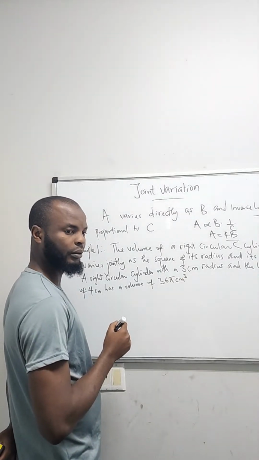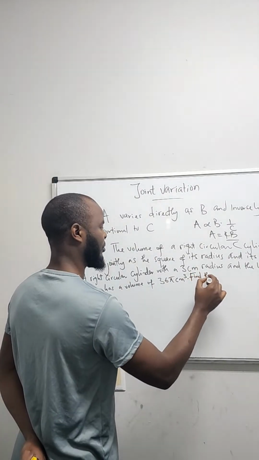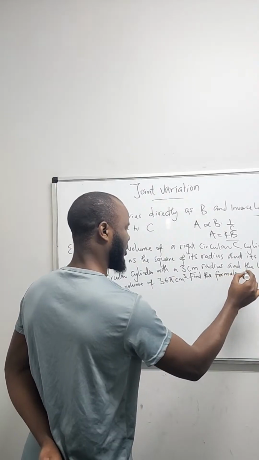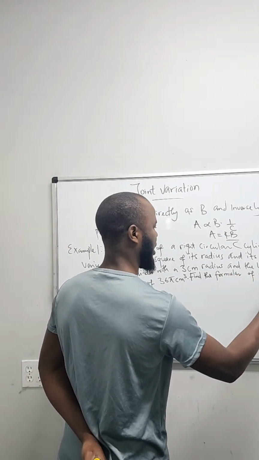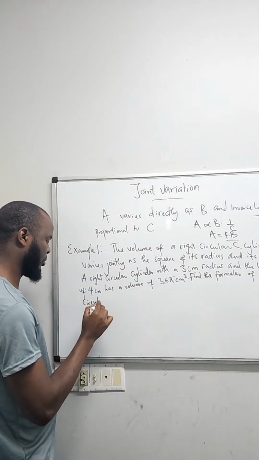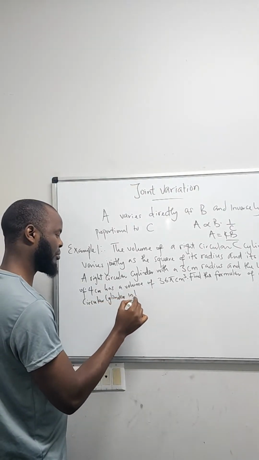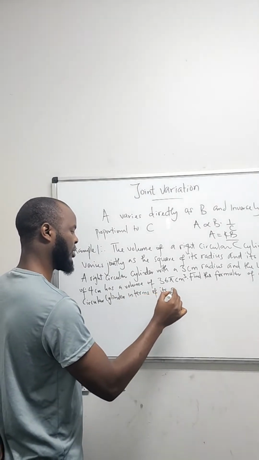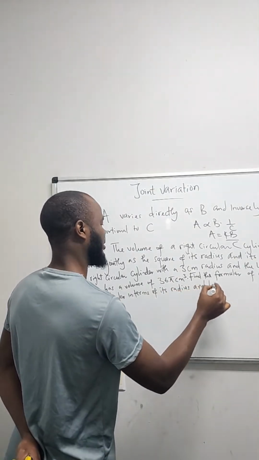Find the formula for the volume of a right circular cylinder in terms of its radius and height.